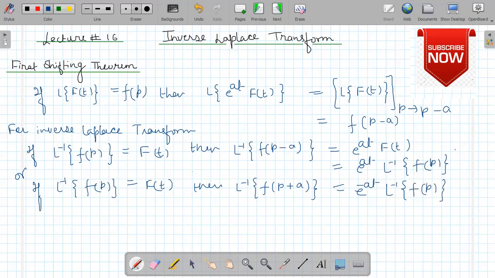So these are two main forms of this theorem, which is called first shifting theorem for inverse Laplace transform.